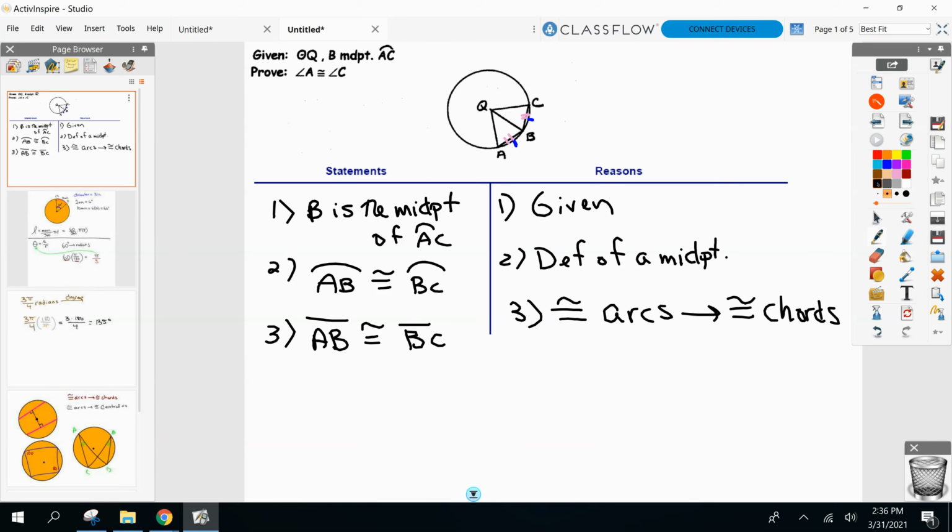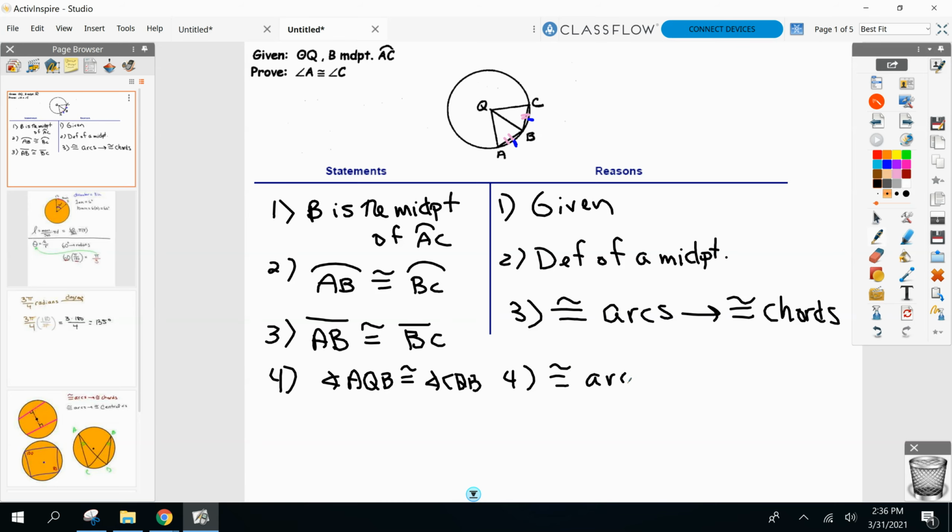It's got to be something else we see, right? If arc AB and arc BC are congruent, does that mean angles AQB and CQB are congruent? The central angles are, absolutely, yep. So angle AQB is congruent to angle CQB.